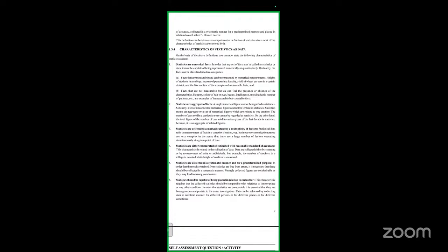And there are facts that are not measurable, but we can feel the presence or absence of the characteristics, like color of the hair, eyes, beauty, intelligence, smoking habit, number of patents. So these can be non-quantifiable. I already mentioned.